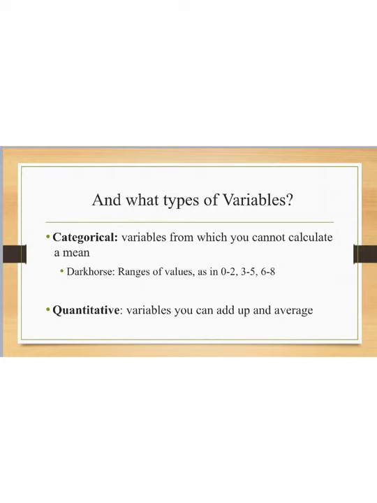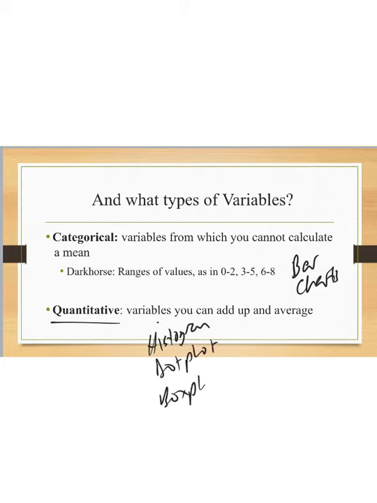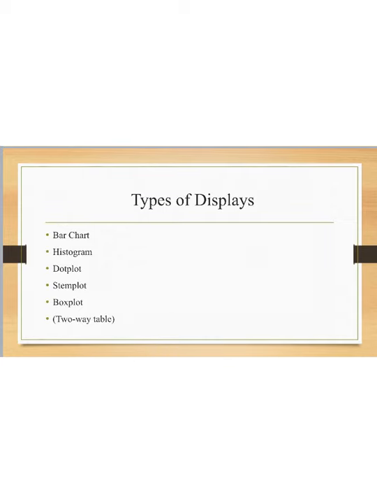For these, we'll often use bar charts, which we'll show here. And then quantitative would be all the numerical values. For these, we'll use what's called a histogram, which is a lot like a bar chart, dot plot, box plot, which we've already talked about in video 1 from this unit, and a stem plot would be the last one. The two-way table is just where we have headers and we have the numbers.